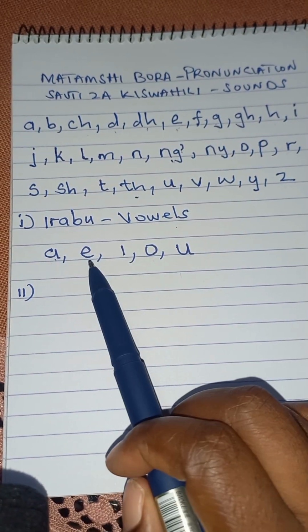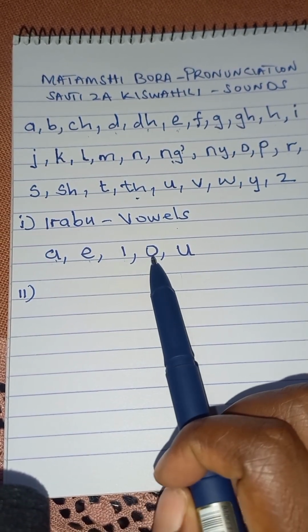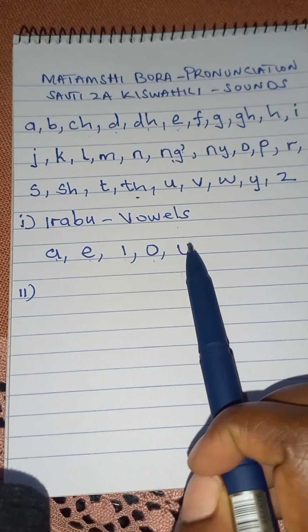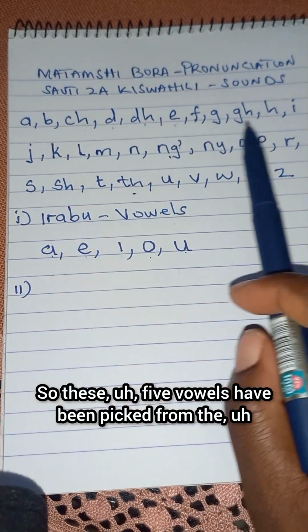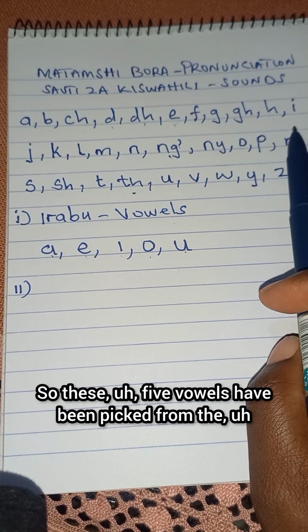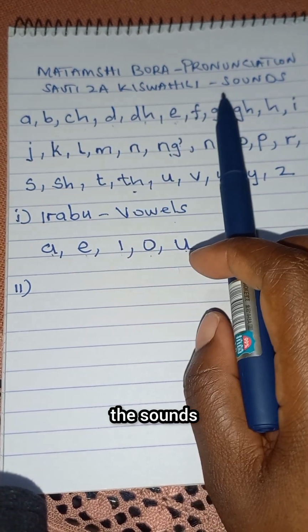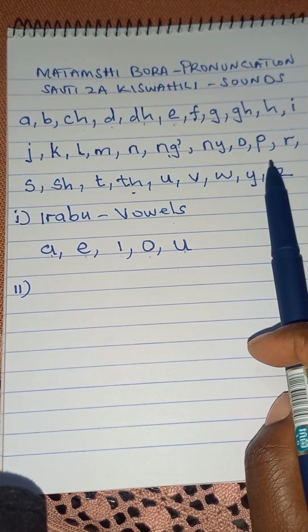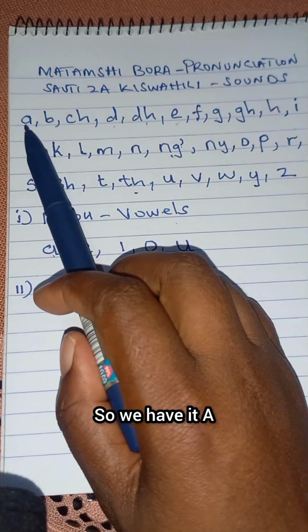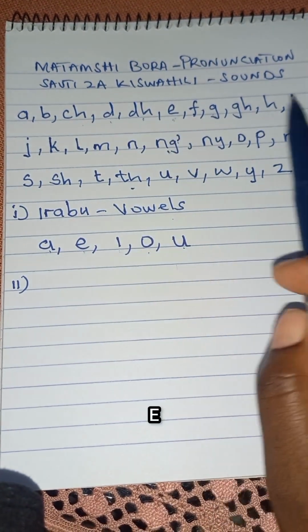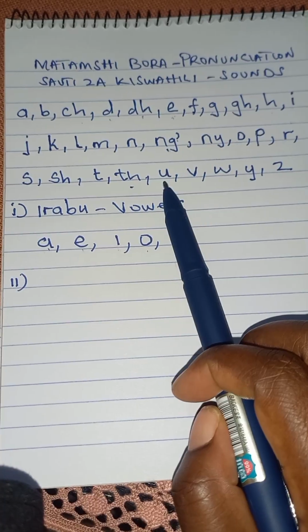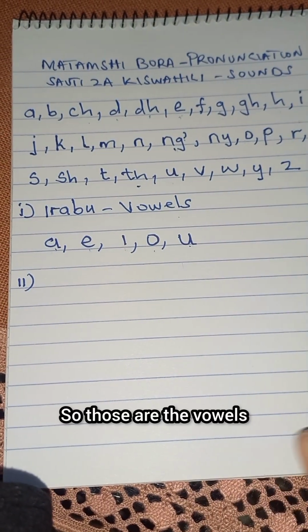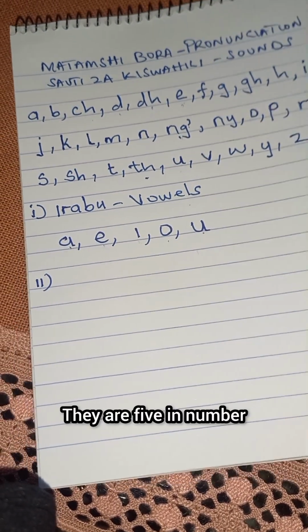A, e, i, o, u. So these 5 vowels have been picked from the sounds that we have in Kiswahili. So we have it a, e, i, o, u. So those are the vowels. There are 5 in number.